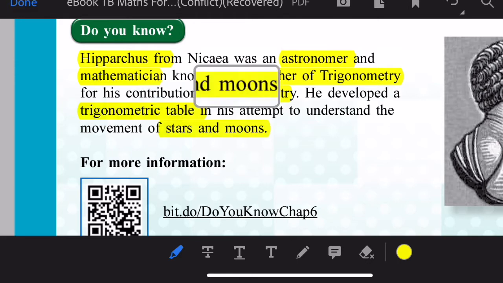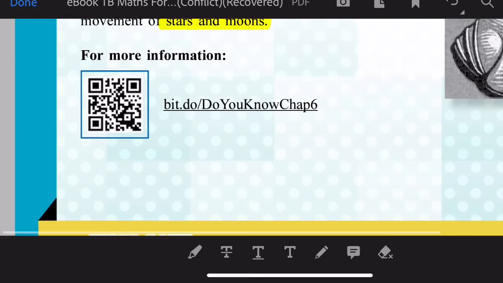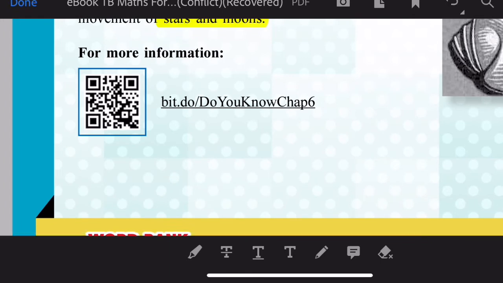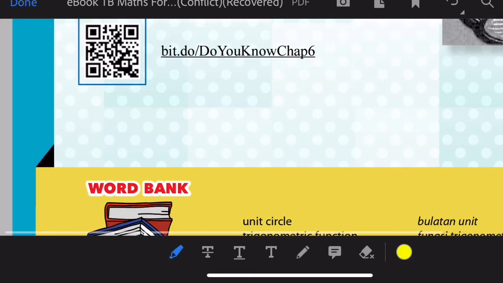For more information, you may scan the barcode here and you can learn more about the history. So, okay, let's proceed.